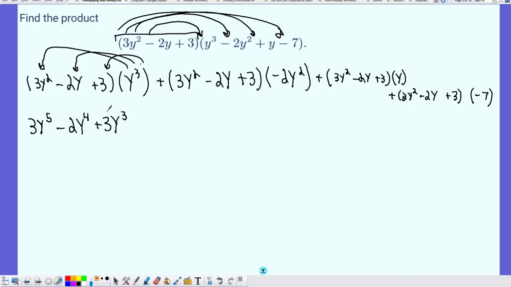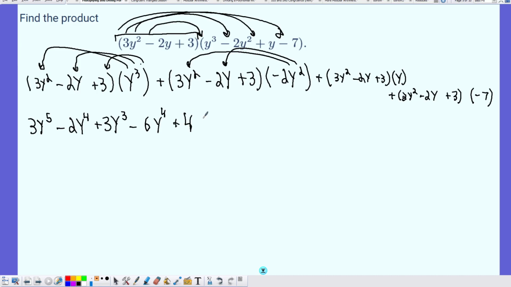Now we're going to distribute our other set. So negative 2y squared distributed with 3y squared. Well, negative 2 times 3 is negative 6. And y squared times y squared is y to the fourth. Negative 2y squared times negative 2y. Negative 2 times negative 2 is a positive 4.